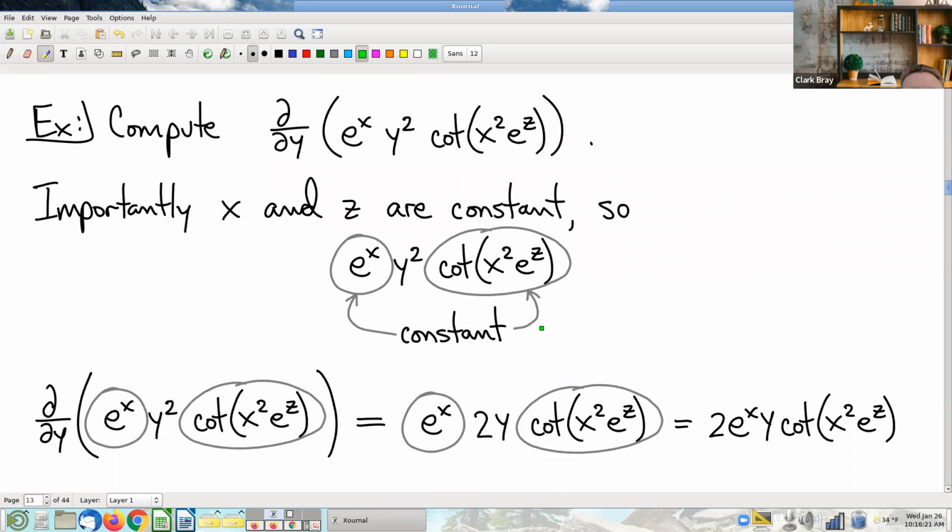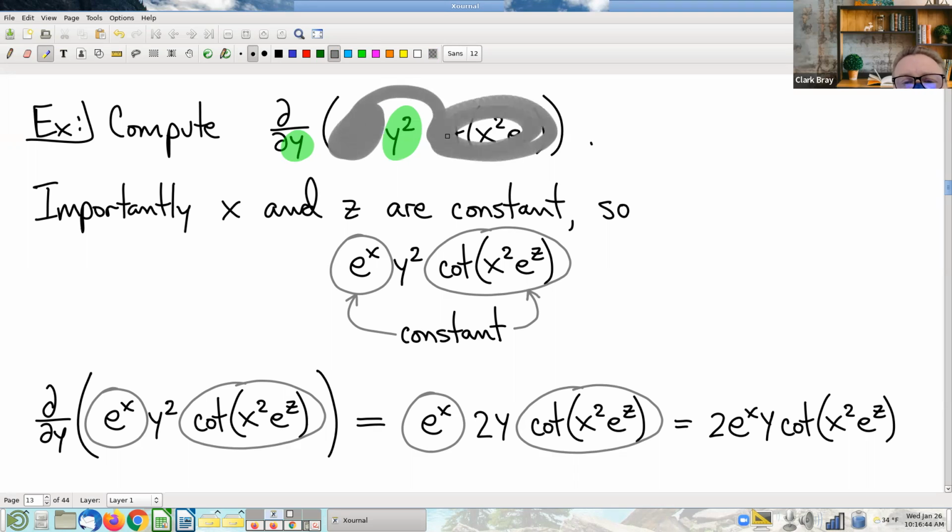And then the process, and we went through some of these, I guess we went through all of these on this page last time, but the big idea is, step one, identify what your variable is, right? Then identify the expressions in what you're taking the derivative of that have that variable in it. And then identify and recognize as constants everything else that doesn't have any of that variable in it.